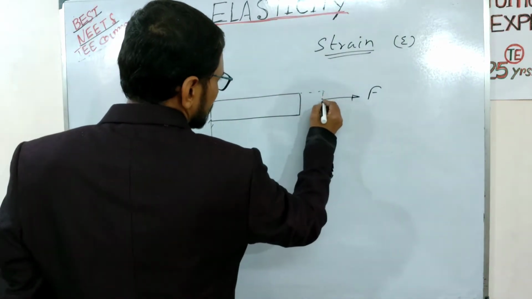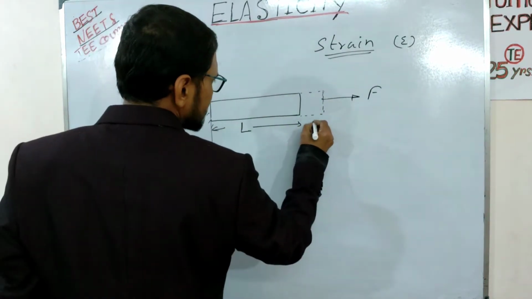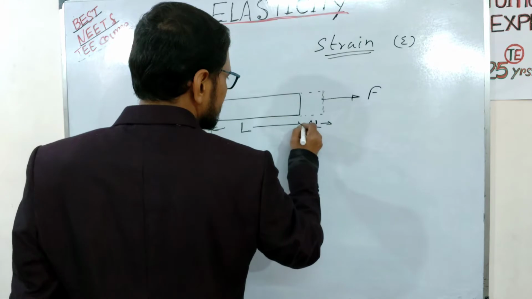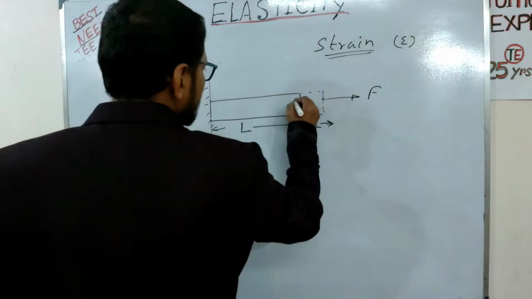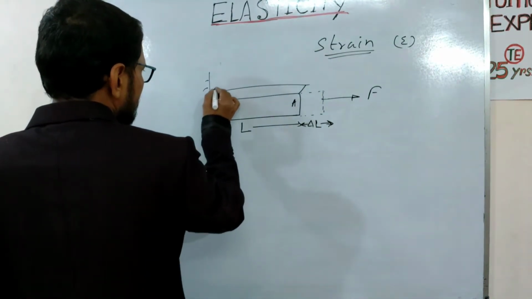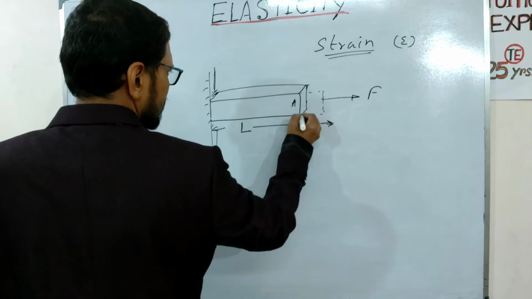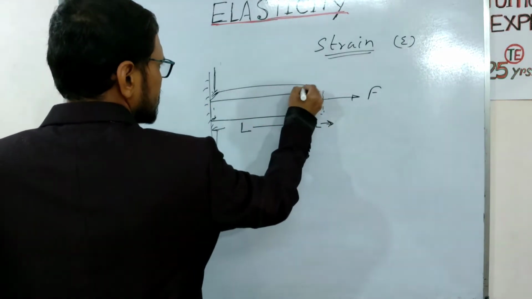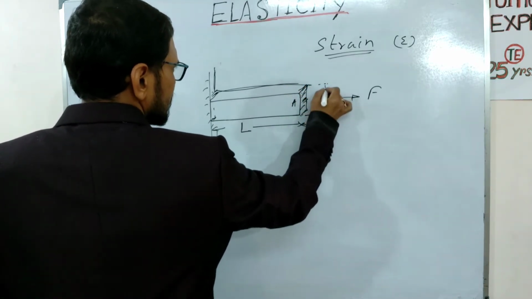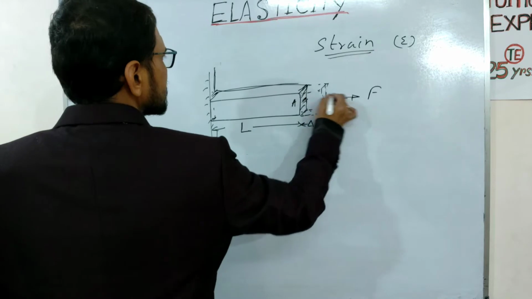Suppose this is the original length, and due to the force applied, an extension del L is developed. This cross section area is A.